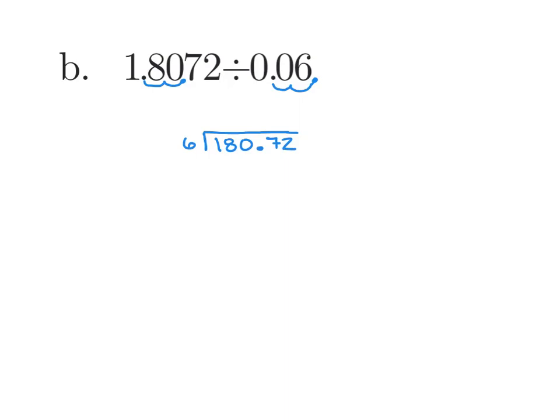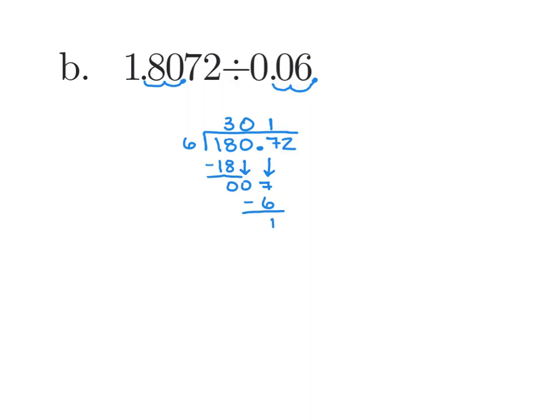All right, first number that I can divide by 6 is 18. 6 goes into 18 3 times. 3 times 6 is 18. Subtract, we get 0. We bring down the 0. 6 goes into 0 zero times. We don't necessarily need to multiply since it is a 0, so I'm just going to bring down my next digit, which is a 7. 6 goes into 7 one time. 1 times 6 is 6.